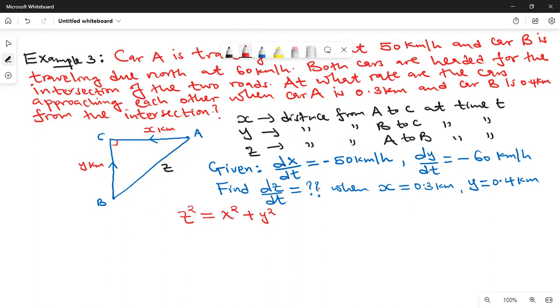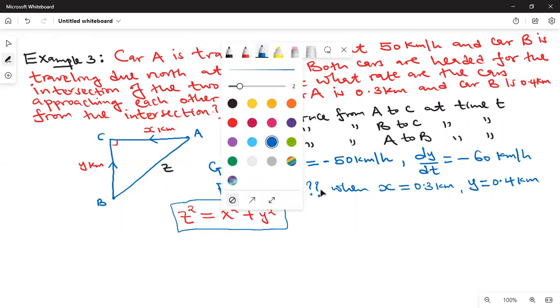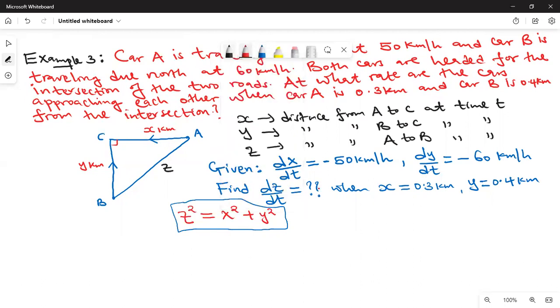Step 3, now we need to differentiate this equation. This is the equation that we need to differentiate. What about the derivative of this equation with respect to time t on both sides?